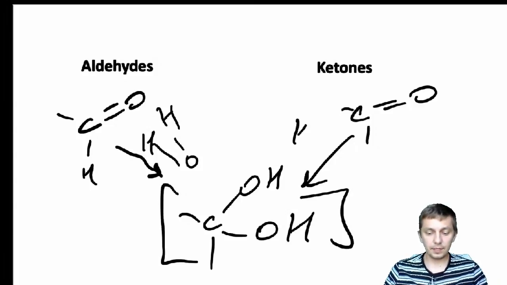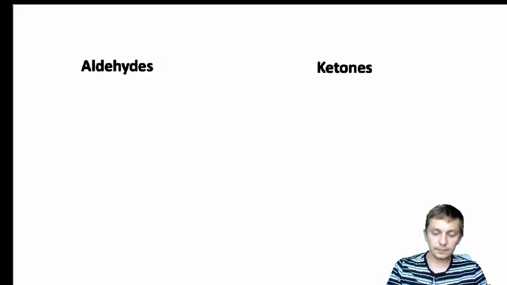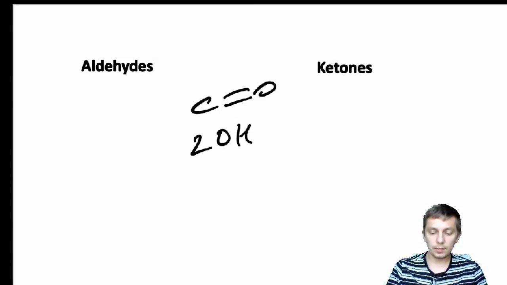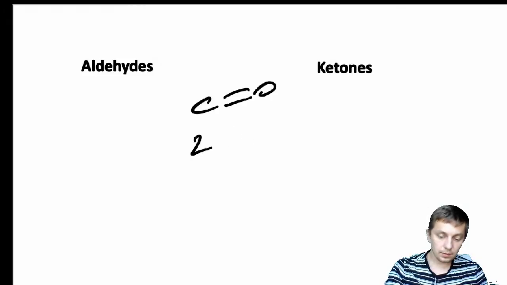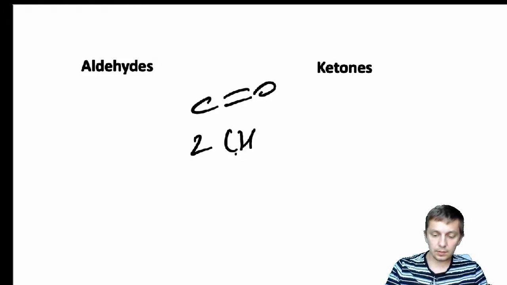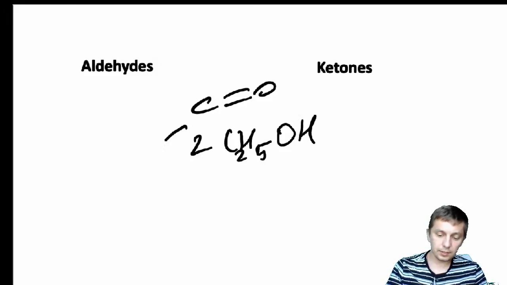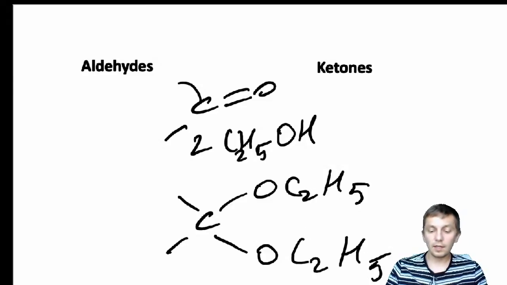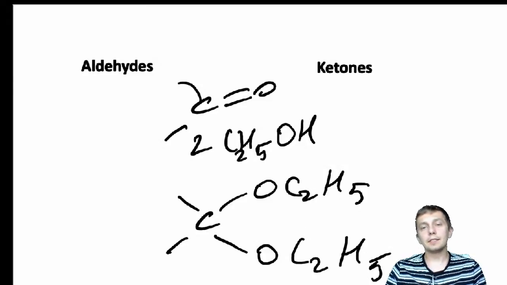For example, if we have any carbonyl compound and two molecules of C2H5OH, we can get a product with two OC2H5 groups. In most cases it's quite an unstable structure, but in sugars we can very often see these fragments.